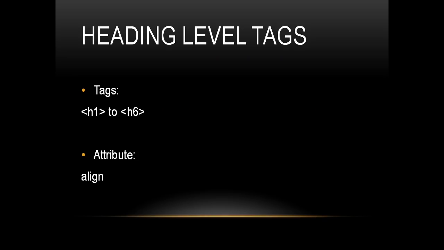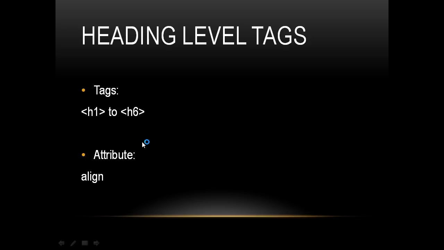Then we will start heading level tags. There are 6 different heading level tags from H1 to H6. H1 tag displays text in bold and with the largest heading level, and H6 is the smallest heading.